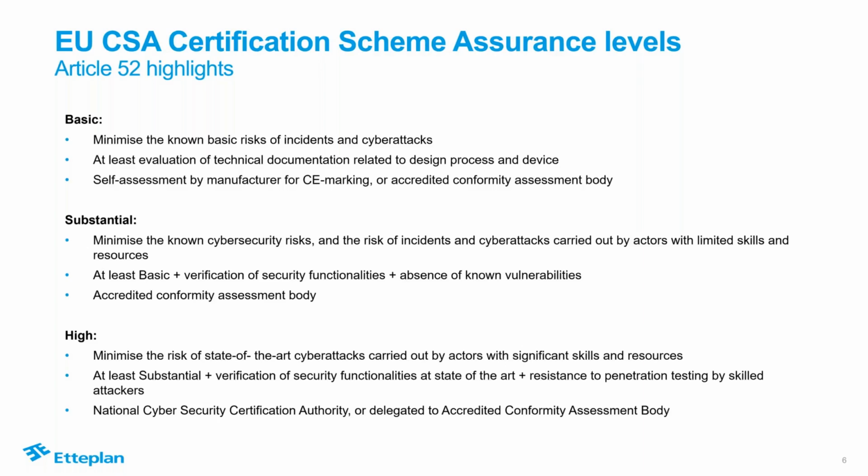And then technical documentation of the product development should be evaluated, both related to the development process and the device itself, that it contains the security functionalities. And on this basic level, it's planned that the manufacturer can themselves do the self-assessment while doing the CE marking or use an accredited conformity assessment body.